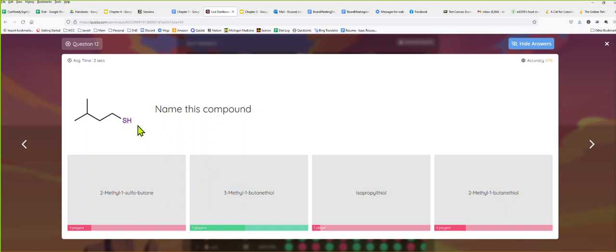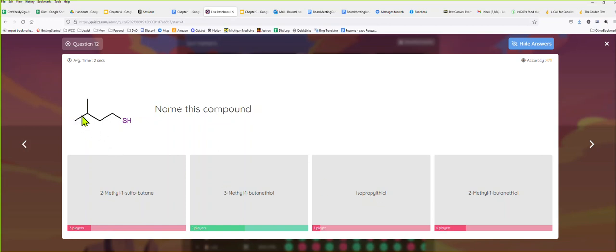And then now you start numbering again from that functional group. So it's 1, 2, 3. So this is going to be 3 methyl 1 butane thiol. We don't use the word sulfo anywhere like that. Isopropyl thiol.